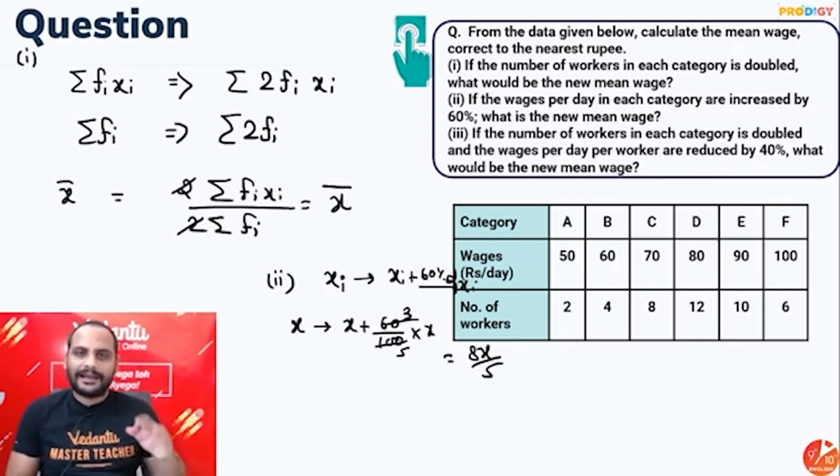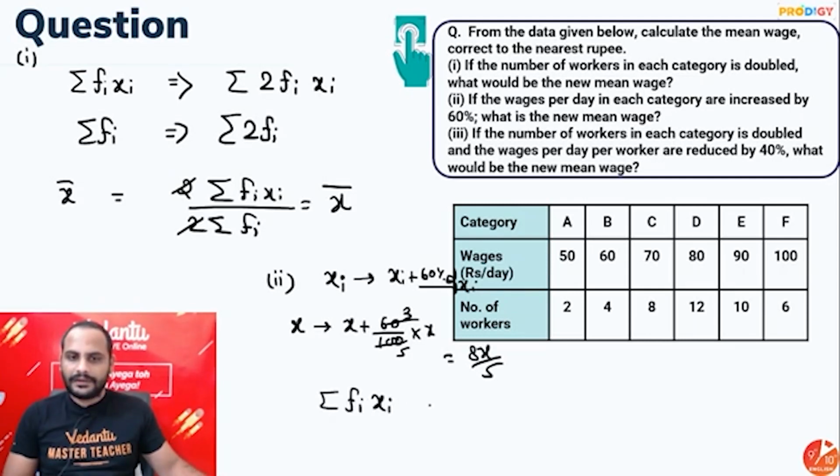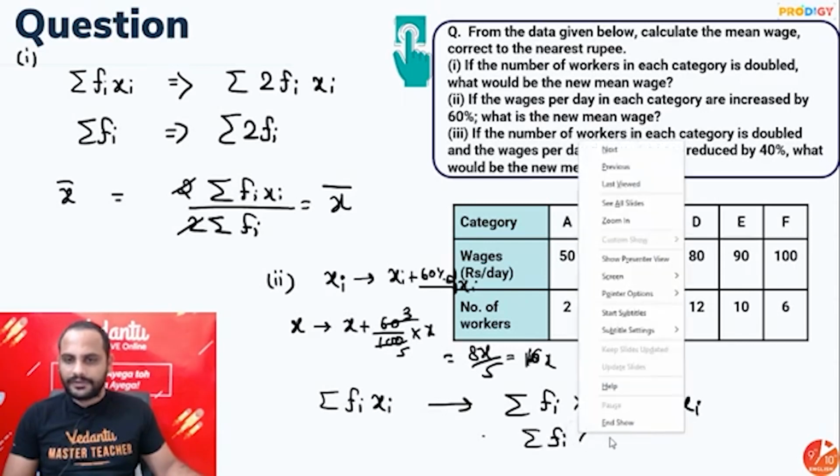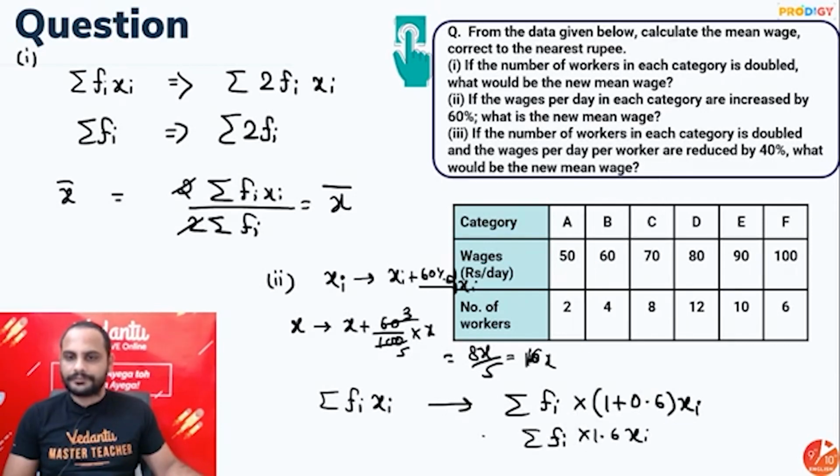Okay, so I'll tell you directly over here, because again percentage if you calculate, or you can do it. See, since all values are increasing 60%, I can say that the summation of fi into xi will be replaced with summation of fi into 60% extra, 1.6 times of x, 60% extra, summation of fi into 1.6 times of xi.